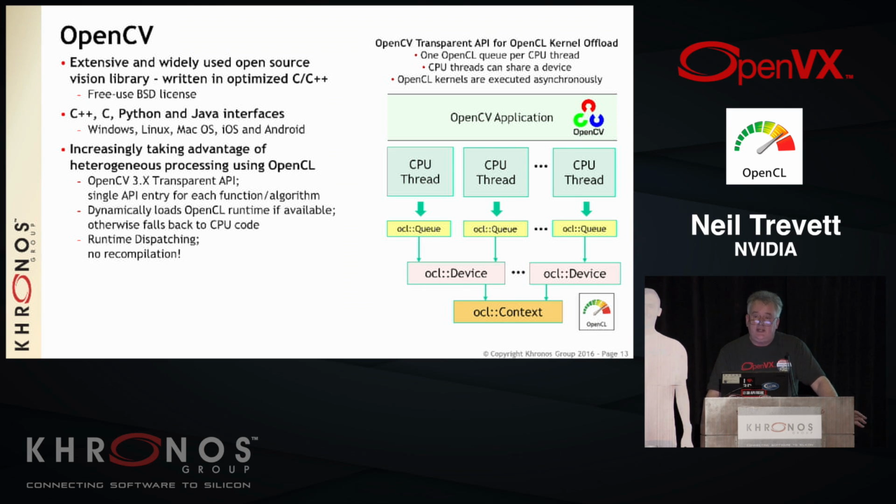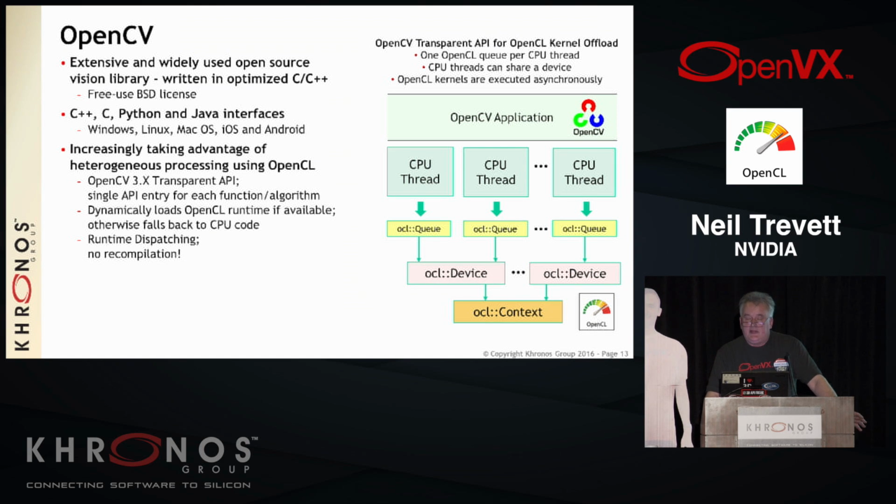It was originally initiated by Intel, and now has a very broad community that's working with it. Thousands of functions, and people typically will use OpenCV for prototyping new algorithms and research. It's written to be used from C and C++. It has Python and Java interfaces too.